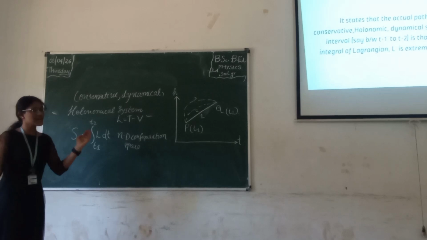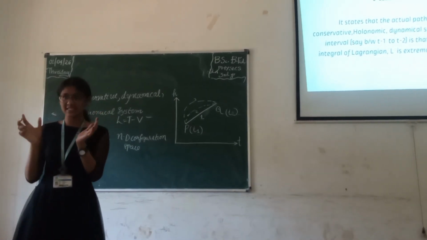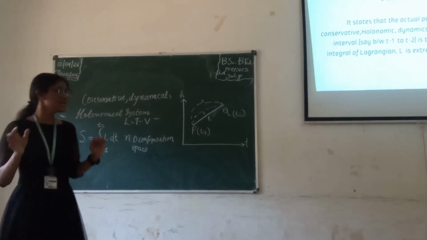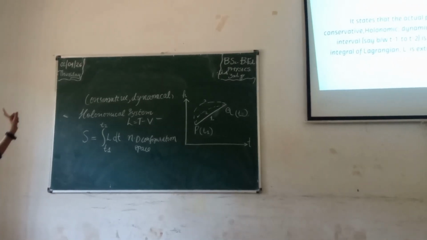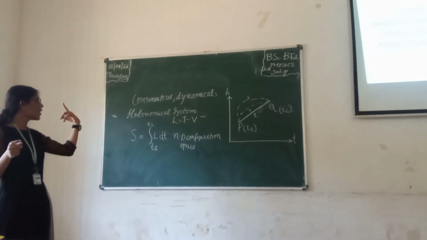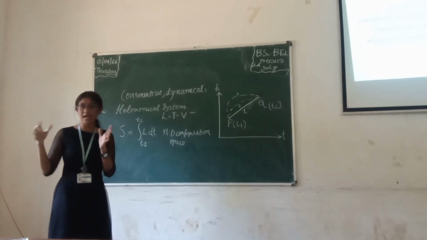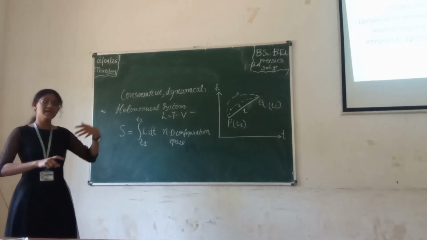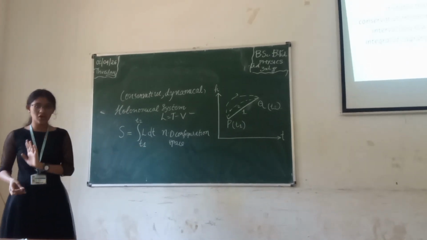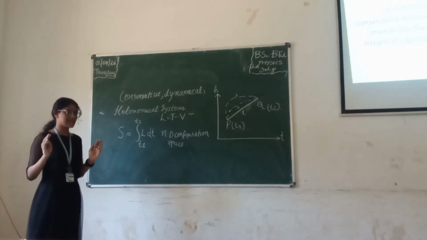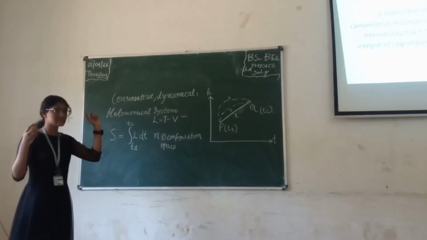So the system must be conservative, dynamical, holonomic, so that we can describe the whole motion over an n-dimensional configuration space corresponding to n generalized coordinates. This is the main criteria before we go on to the principal statement.